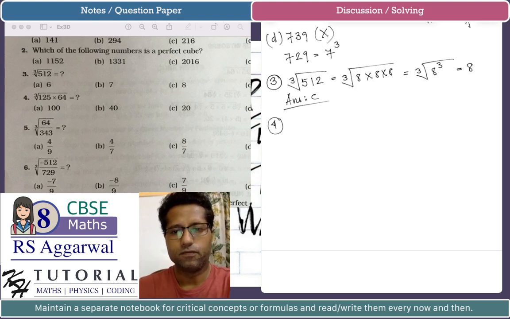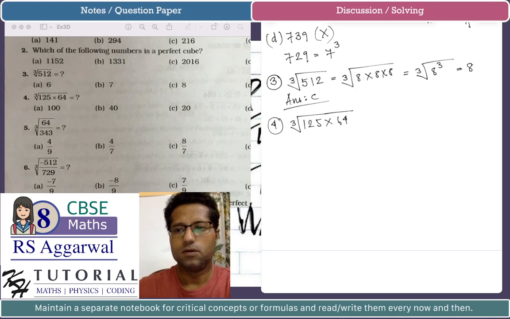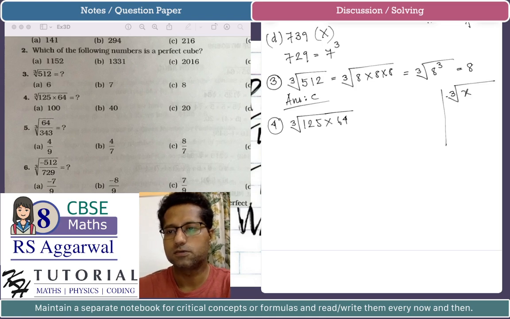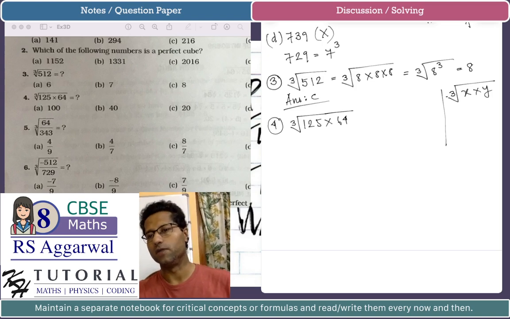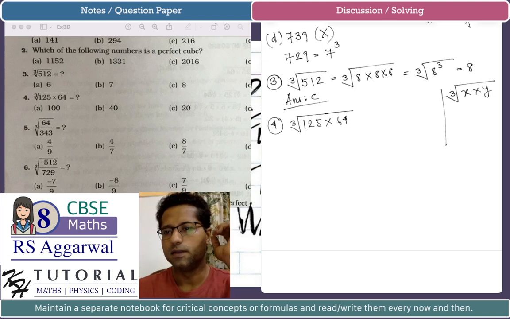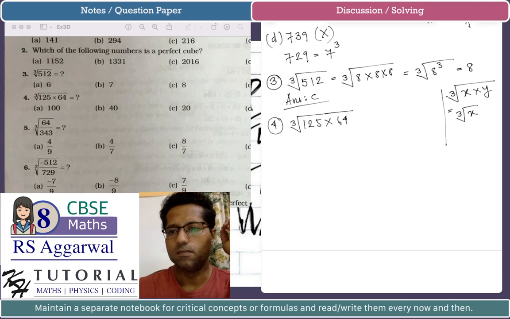4. We have to find the cube root of 125 multiplied by 64. Now, if you have to evaluate the cube root of x multiplied by y, and both x and y are perfect cubes, then you will express it as the cube root of x multiplied by the cube root of y.